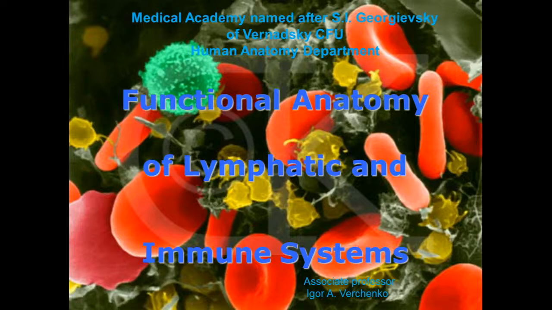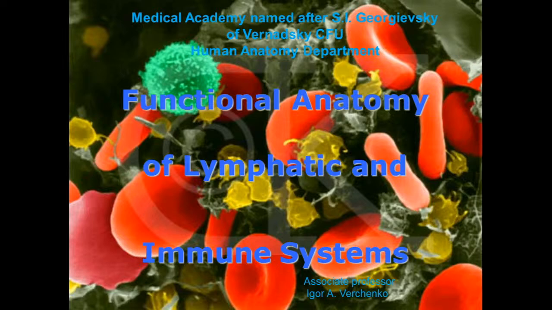Today we continue talking about the anatomy of the cardiovascular system, and the topic of today's lecture is very important. It is the functional anatomy of the lymphatic and immune system.